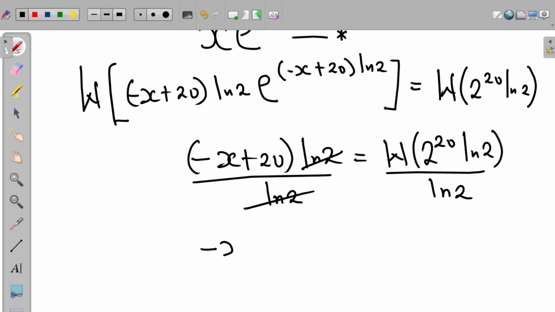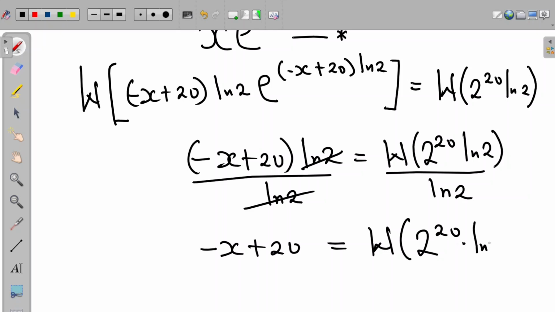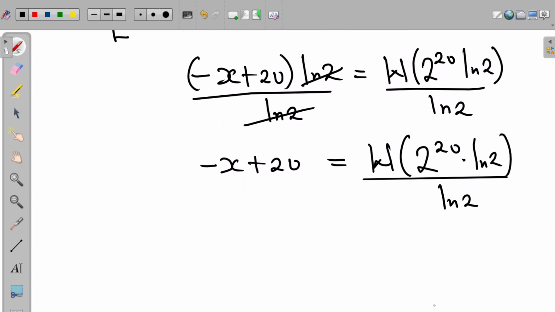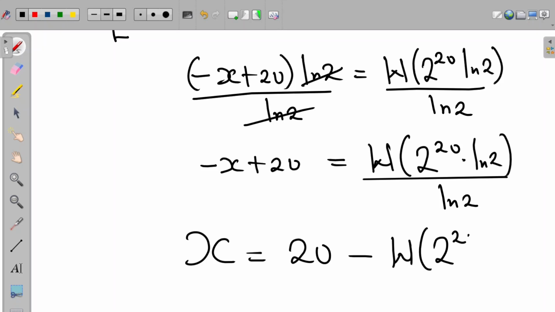So we have that minus x plus 20 is equal to W in brackets 2 to the power of 20 multiplied by ln 2, divided by ln 2. So if you simplify, x is equal to 20 minus W, open your brackets, 2 to the power of 20 multiplied by ln 2, all divided by ln 2.